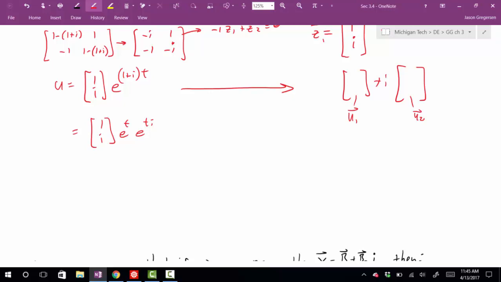So that piece is going to turn into cosine of t plus i sine t. And then I have to multiply the vector like this. See how far you get with the other one. You'll understand it much better if you start writing this thing down than figuring out what's going on.